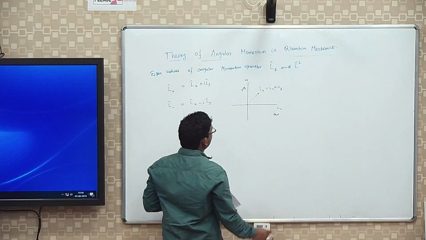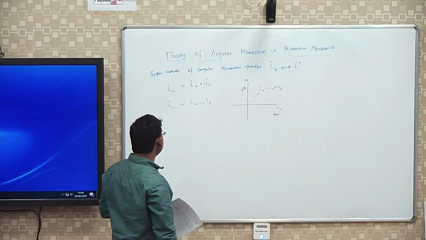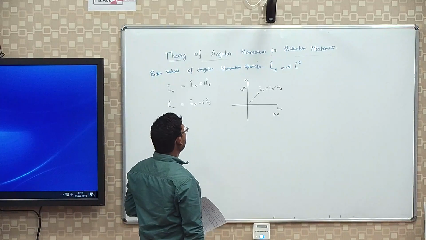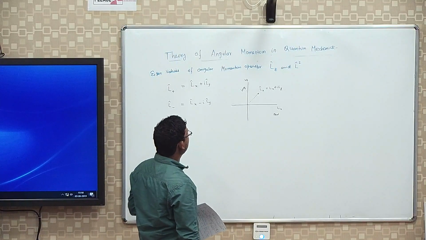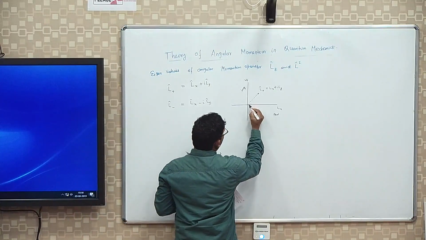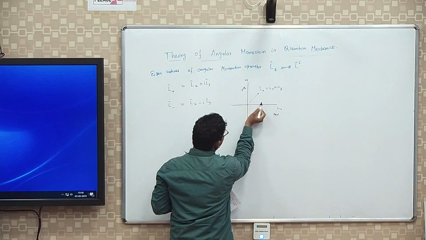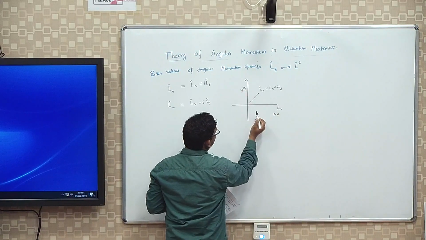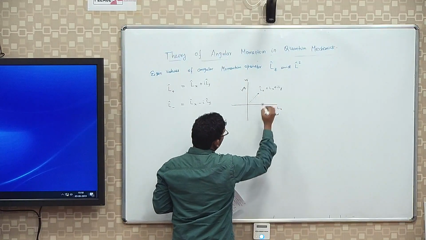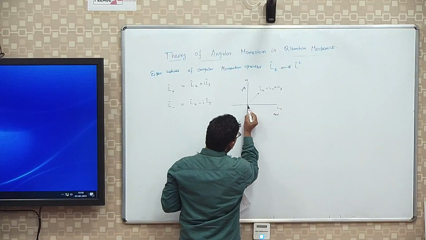Then L plus is nothing but the raising operator and L minus is nothing but the lowering operator, since angular momentum in quantum mechanics is a quantized value. So L plus is actually, if we are moving from x to y, then we call it a raising operator.